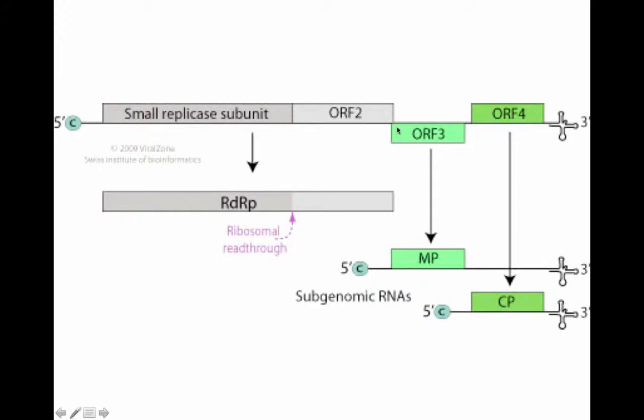So it's not even available to be copied when the virus first gets into the cell. It's not in plus sense. It's on the opposite sense strand. So once you've replicated this RNA and copied it into its complementary strand, now the movement protein's in the right frame, in the right sense to be able to be translated.